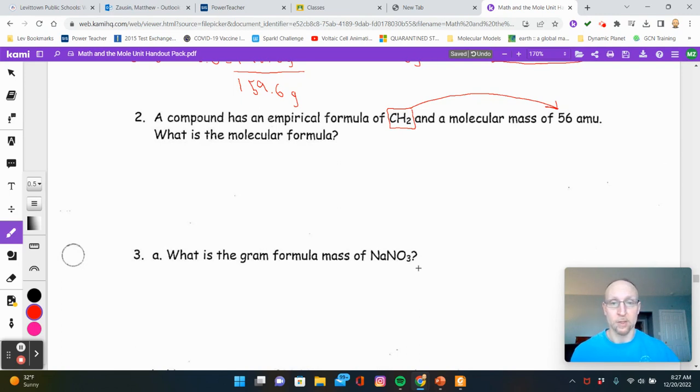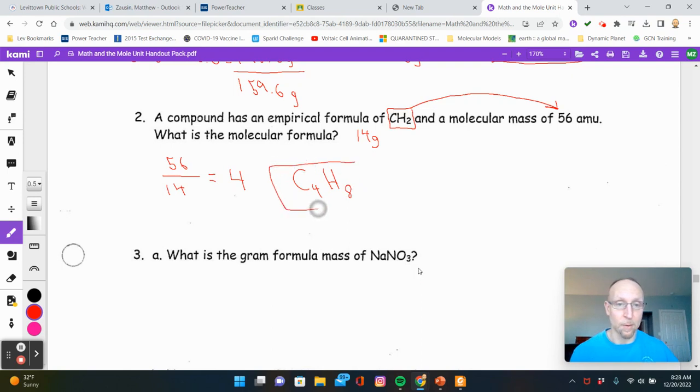CH2 is 12 plus 2, that's 14 grams. So CH2 weighs 14 grams. That's our empirical formula's mass. Then 14 goes into 56. We do 56 divided by 14 and we get 4. That is our multiplier. So now we multiply CH2 by 4 and we get C4H8.